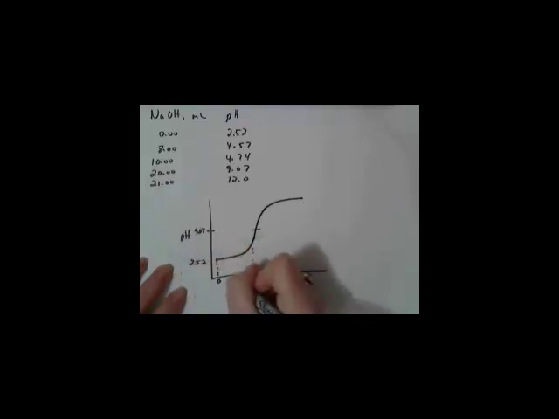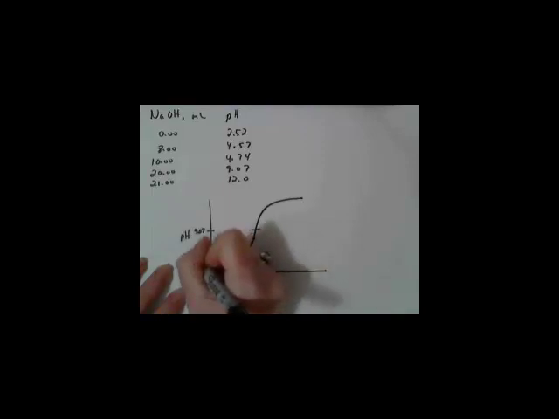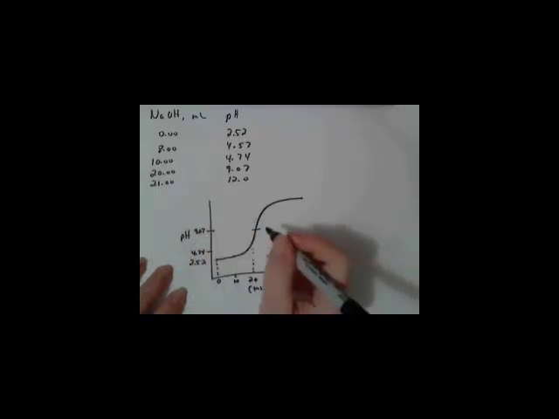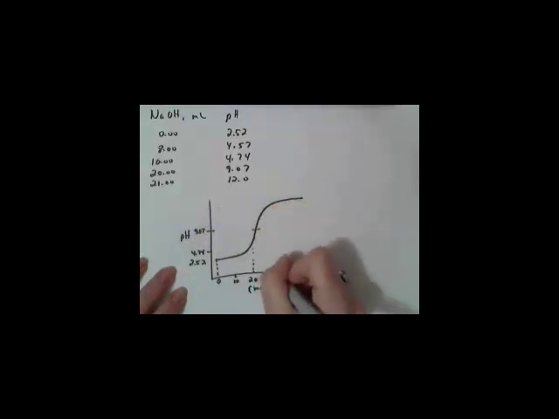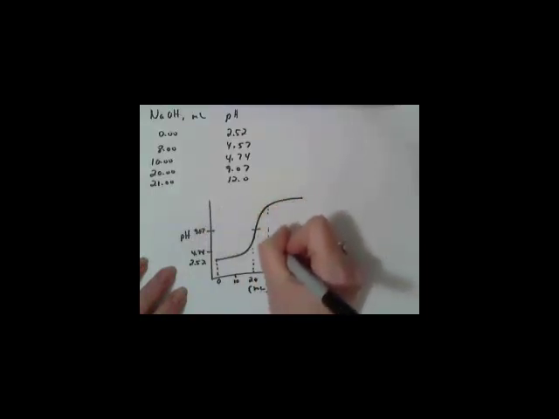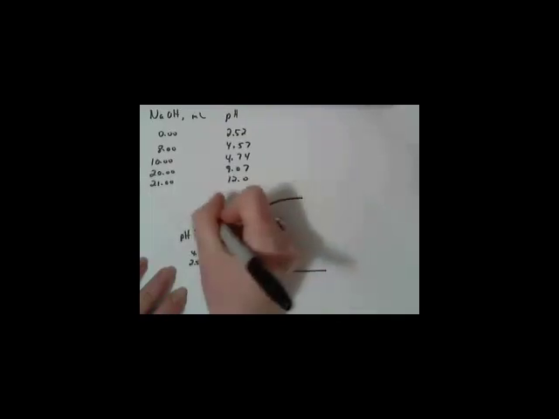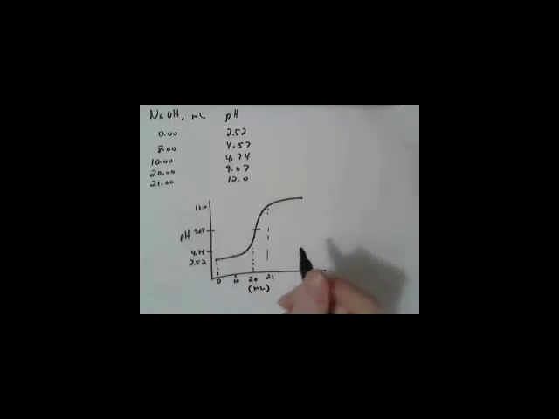Then after about 10 milliliters, that would go around here, we ended up with a pH of 4.74. And then, of course, after 21 milliliters, after the equivalence point, we ended up here with a pH of 12.0. Not exactly drawn to scale, but you do get the idea.